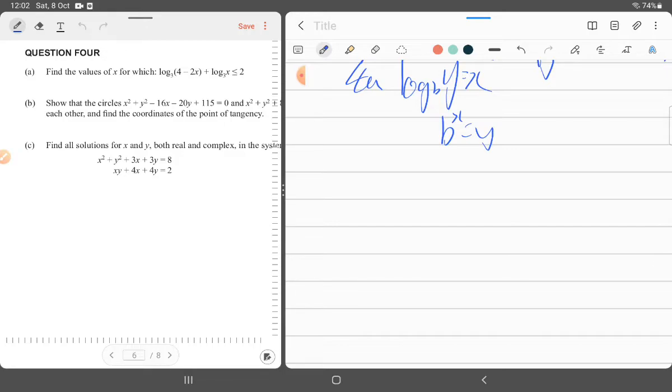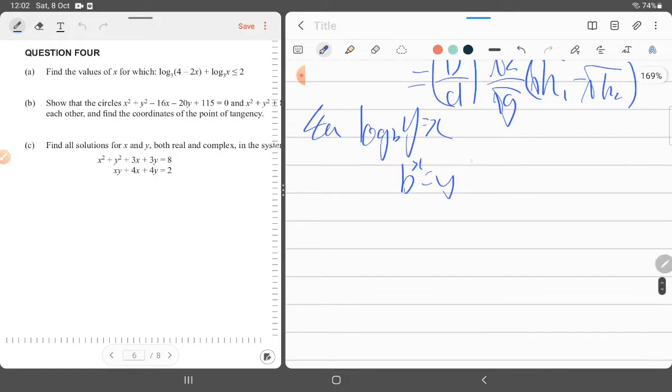Which side would the inequality be? 2 to the power of 3 is equal to, is greater, is this than 9?